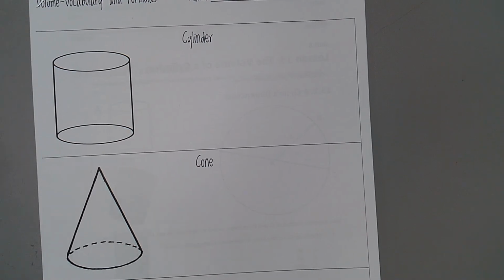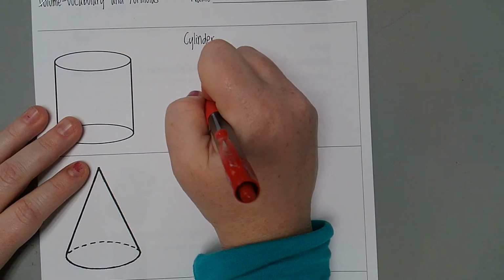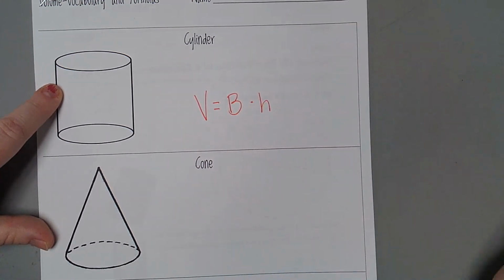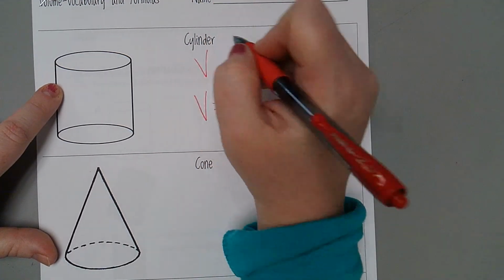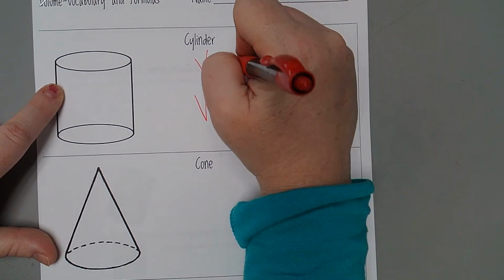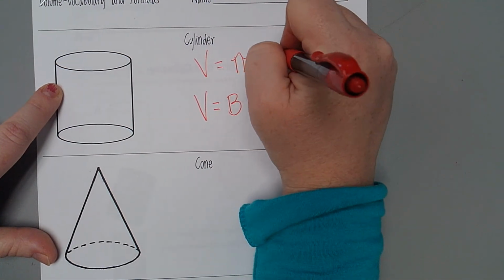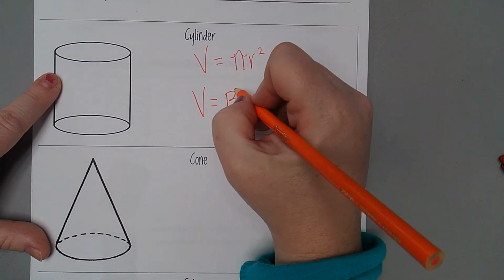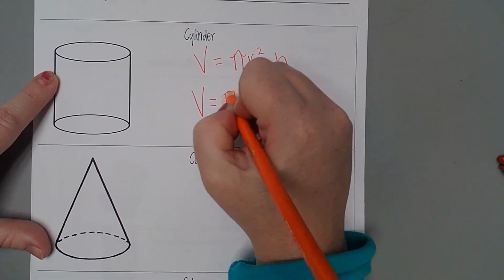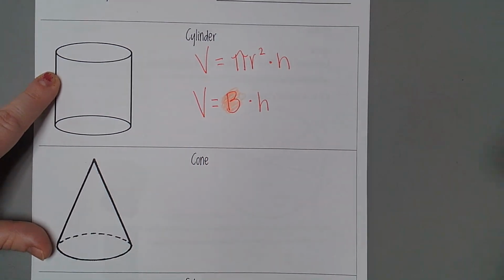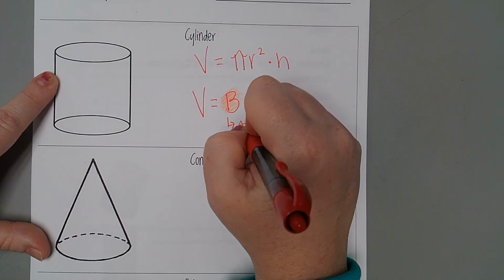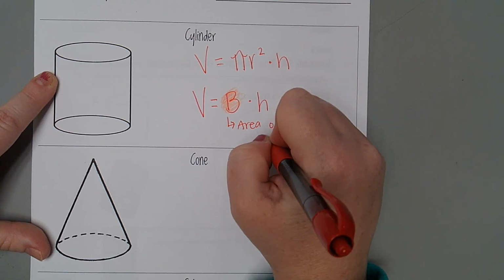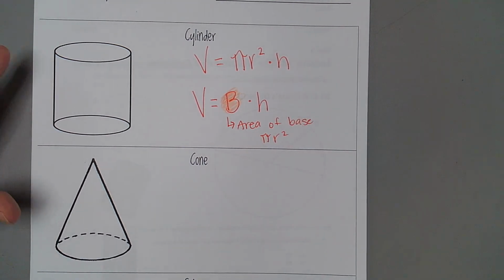If they're not done, I'm not going to do all the information, but I'm going to remind you that the formula for a cylinder is either base times height, or pi r squared times height, where base is the area of your base, which is pi r squared.